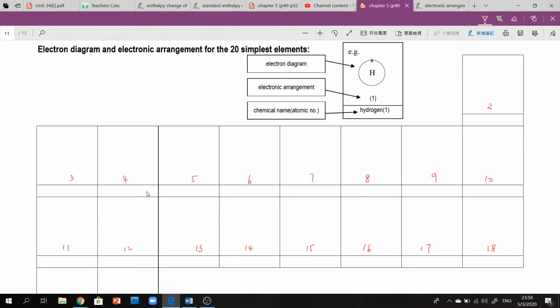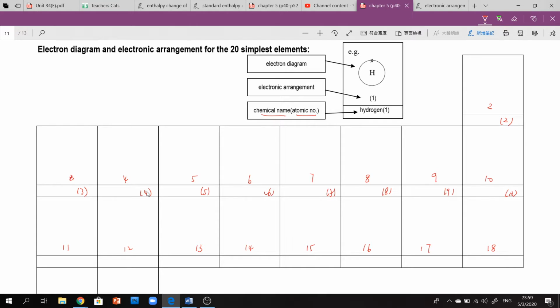You are going to find out the chemical name and atomic number here. So actually that 2 to 20 should be put here instead. This should be number 2, number 3, number 4, number 5, 6, 7, 8, 9, 10, etc. Okay, so the electronic arrangement should be here.